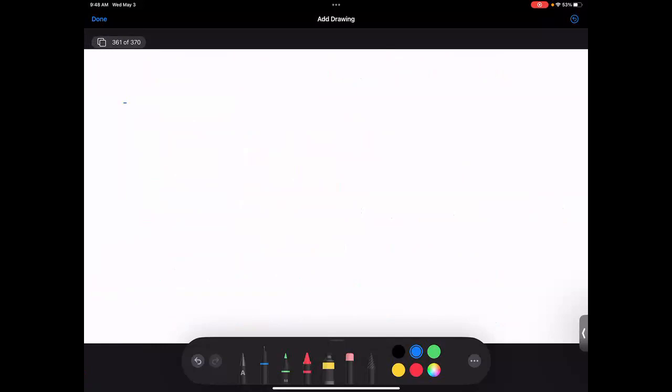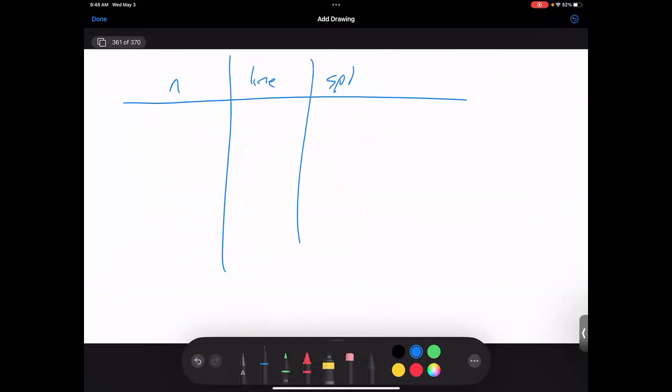So we'll have over here n, the box, the sphere, and then the ratio of the sphere to the box. So when n is 1, the length of our interval is going to be 2. The sphere is going to be 2. The ratio is 1.